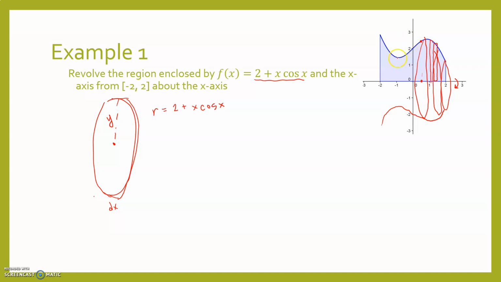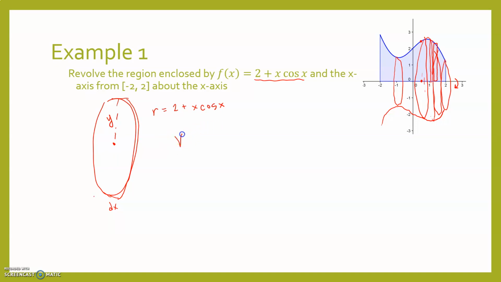Sometimes the radius would be smaller, like when we're at -1 here, the radius would be pretty small. And sometimes it'd be bigger, like if we're at x equals 1, our radius would be bigger. But this curve will determine that for us. Wherever we are on the x-axis will determine how big our radius is.